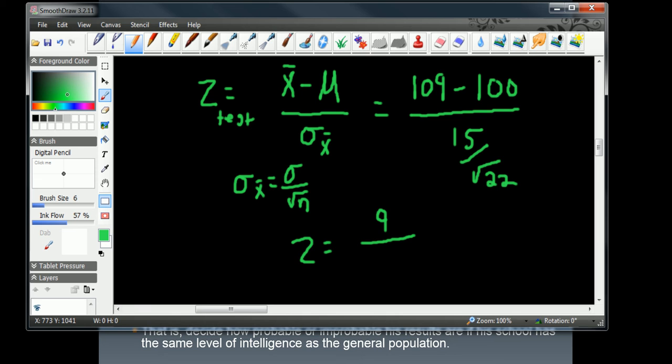If you divide 15 by the square root of 22, I get 3.1980. So now we take 9 and divide by 3.1980, and we get roughly 2.81.